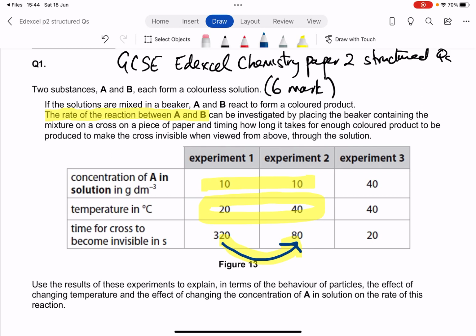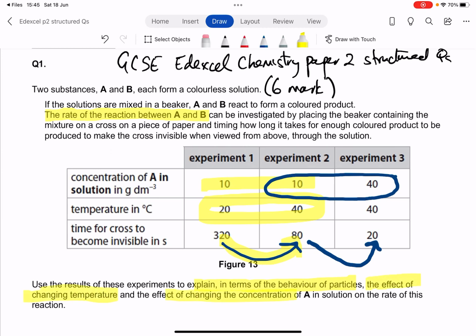Then if we look at experiment 2 and 3, concentration has gone up by 4, and the time taken for the cross to disappear has gone down to 20 seconds. In other words, the rate has gone up. So use your results of these experiments and explain in terms of behaviour of particles the effect of changing temperature and changing concentration on the rate.